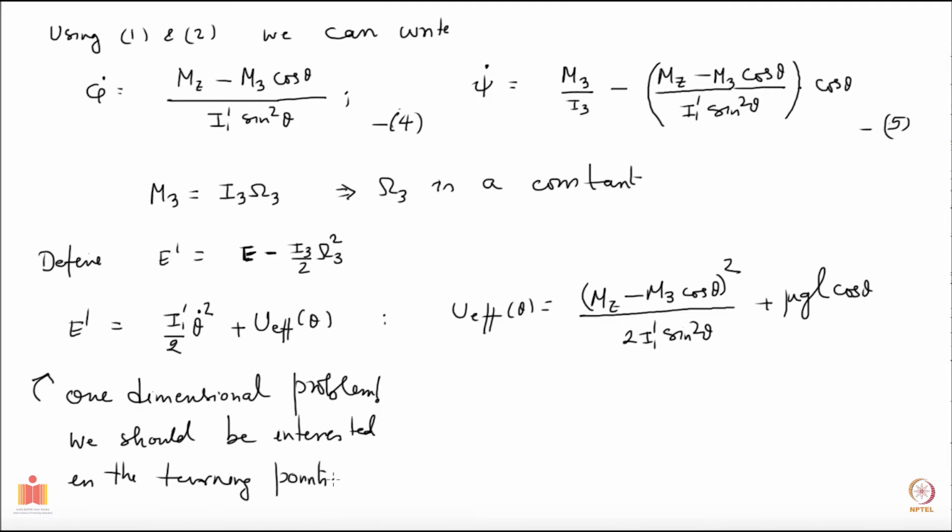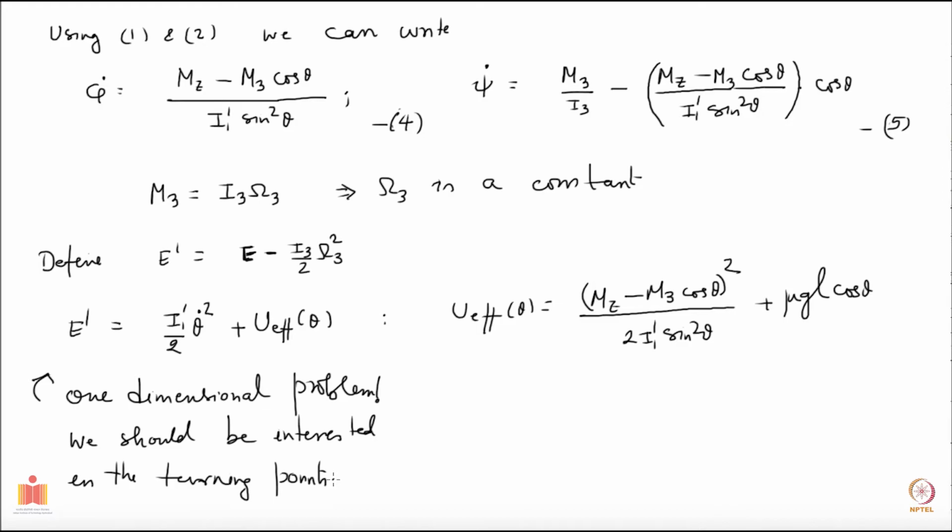Okay, that's good, but before we do all that, let's do a little bit more work. Now I will make a substitution. I will define u as a new variable, and that will be equal to cos of theta.